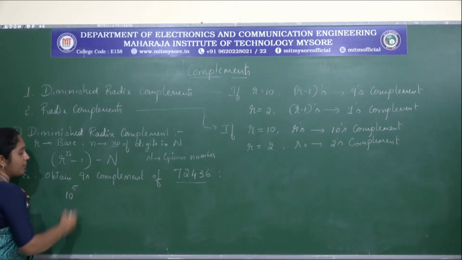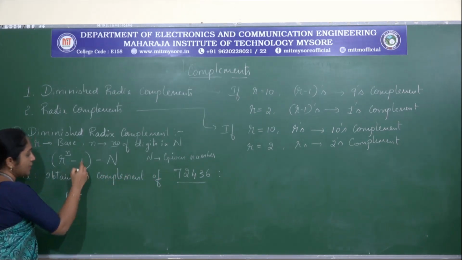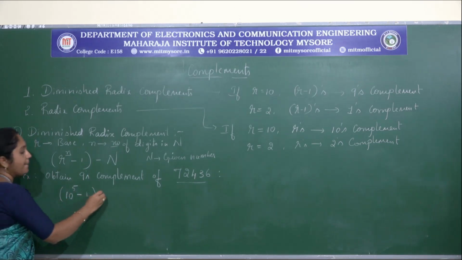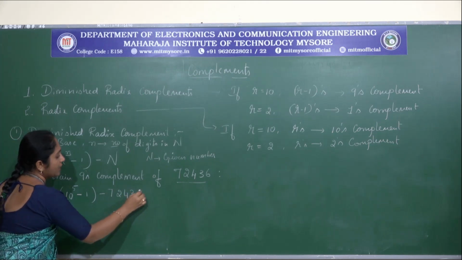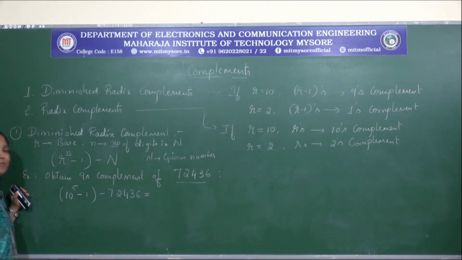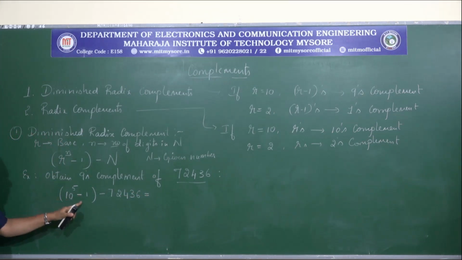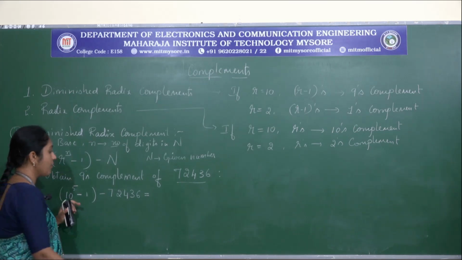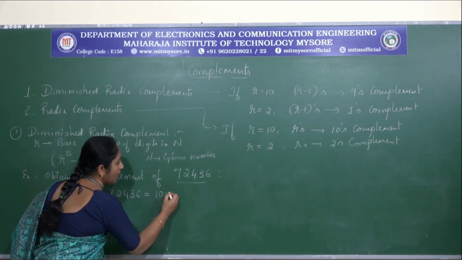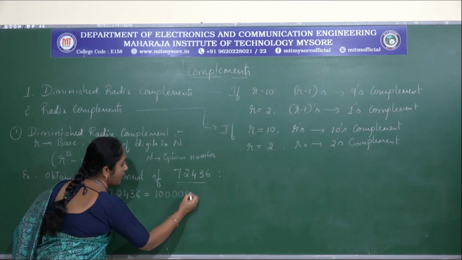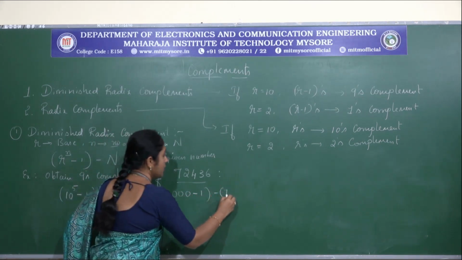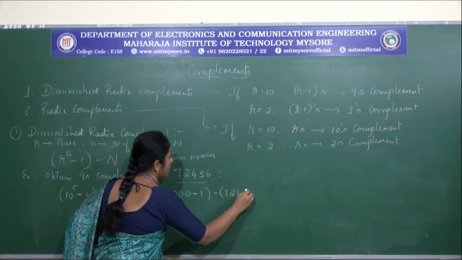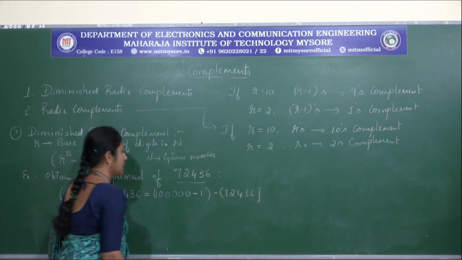So 10 power 5 minus 1, minus the number 72436. So what is 10 power 5 minus 1? We first write 10 power 5, subtract 1, and then subtract 72436.